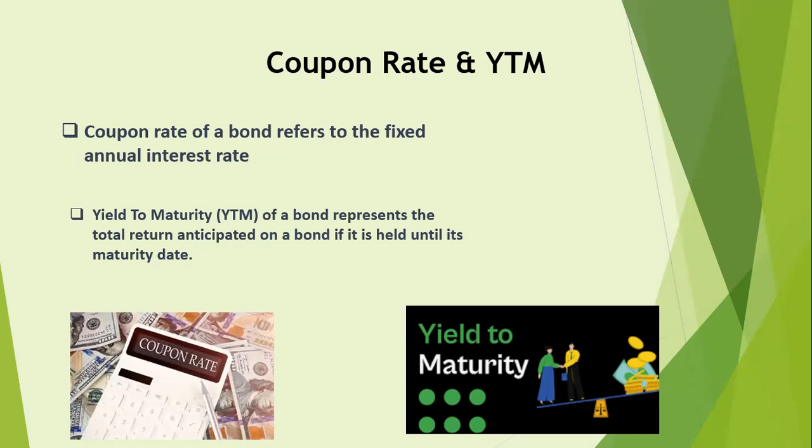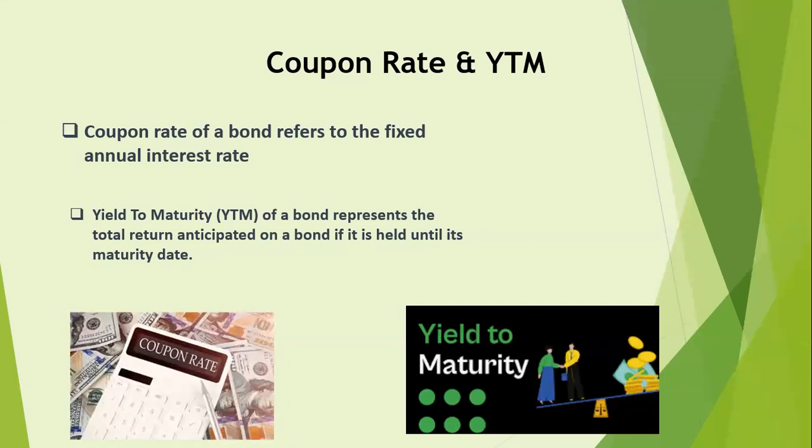So the YTM, which is yield to maturity, takes into account not only the periodic coupon payments, but also any capital gains or losses realized if the bond is bought at a discount or premium to its face value.